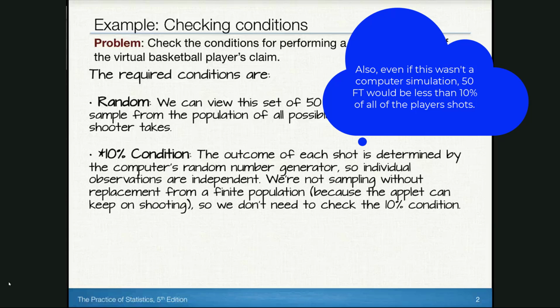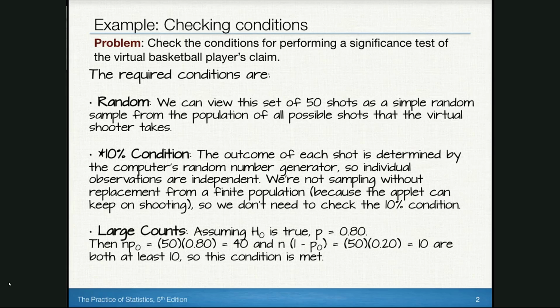For the 10% condition, the outcome of each shot is determined by the computer's random number generator, so individual observations are independent. We're not sampling without replacement from a finite population because the applet can keep on shooting, so we don't need to check the 10% condition. Finally, we check the large counts condition. Assuming the null hypothesis is true, the population proportion would be 0.80.